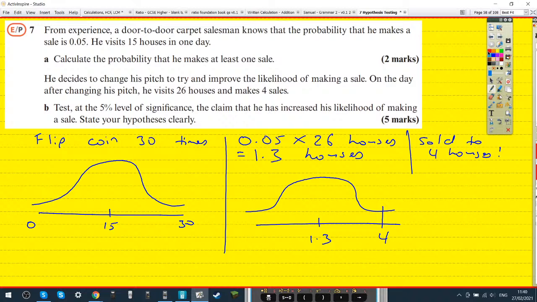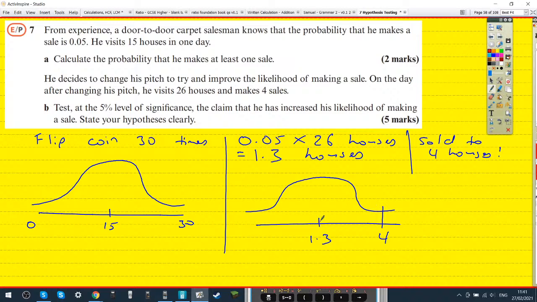And you have to see how rare an event that is. Did his thing actually work, or is it just like 17 out of 30 landing on heads? That's probably not that rare. How rare is 4 houses out of 26 with a probability of 5%?